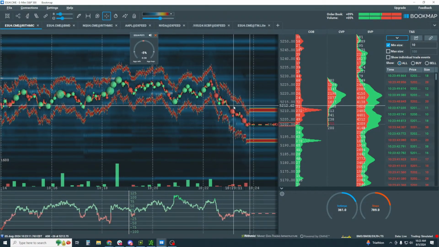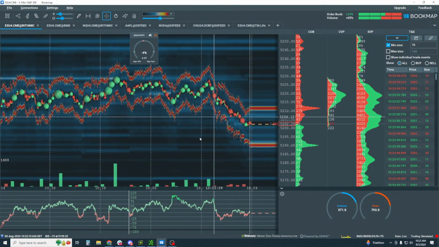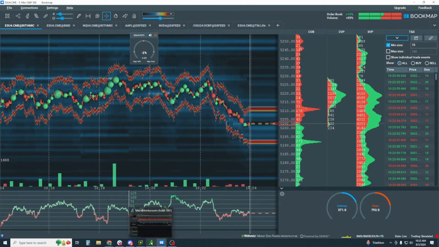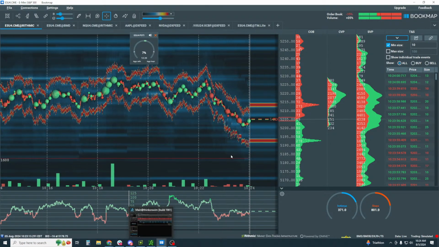Now, we've been waiting for some of these 15-point moves some weeks ago. It took all day. These things are happening rather quickly now.